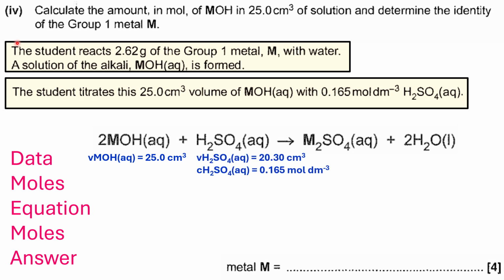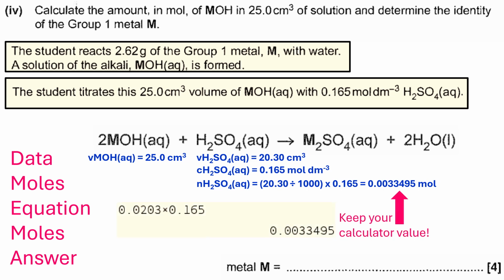Also, I know that there was 20.30 centimeters cubed of H2SO4 because I just worked that out, and I know the concentration of H2SO4 from the question is 0.165. These two can work out the moles of H2SO4 for me. Now I'm going to keep my calculator value so I don't start introducing error inadvertently in the stages of my calculation.